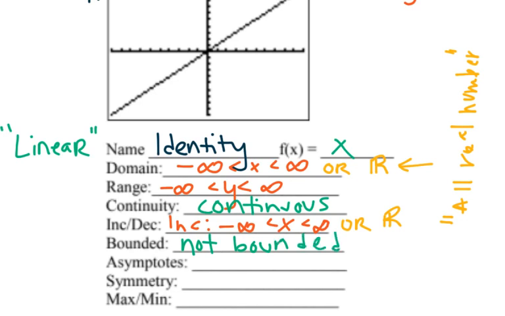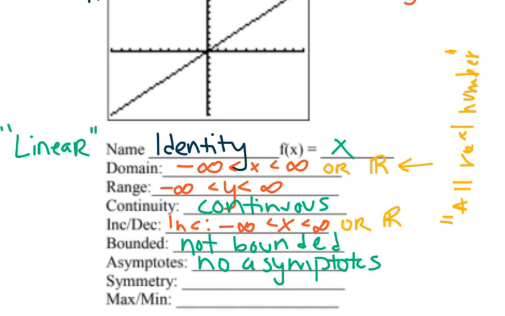All right, the next piece is, are there asymptotes? You would give the equations of those, but in this case, we do not have any asymptotes in our identity function. It's asking now if there's symmetry, so basically it's asking, do you see an odd function or an even function? In this case we have an odd function, because it turns out x is to the power of 1, technically.